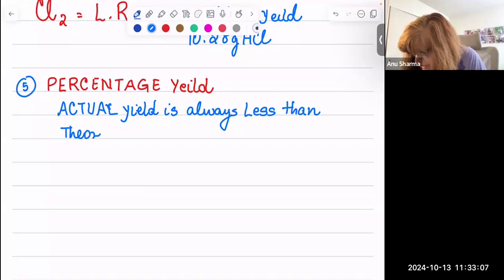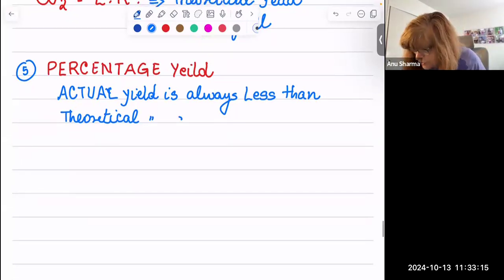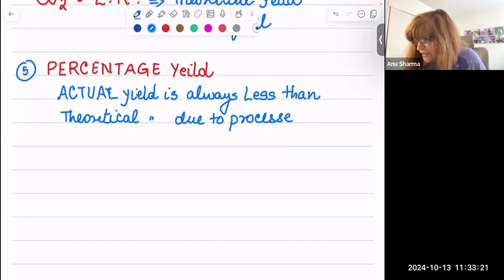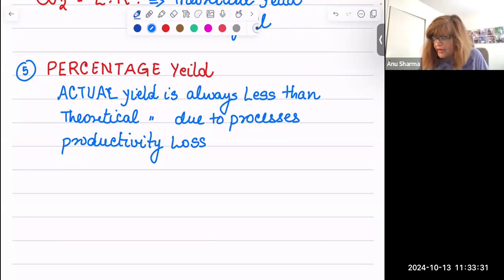Theoretical is just on paper. Actual is always going to be less due to processes that lead to productivity loss. So there is always some amount of the final product lost.